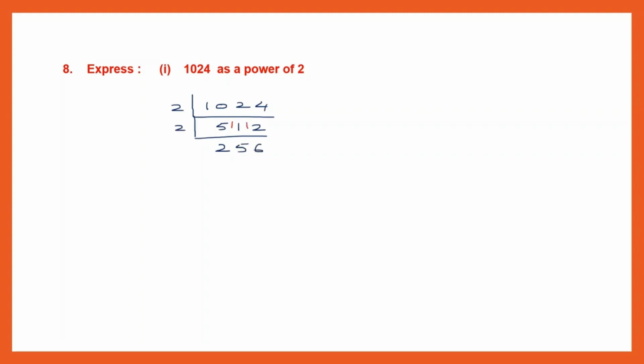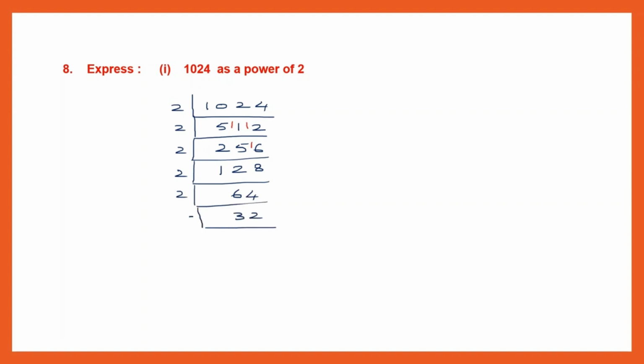2 6s are 12. Now let's continue with 2. 2 1s are 2. Let's take the next number 5. 2 2s are 4. What is left is 1. So that's 16. 2 8s are 16. Now let's continue with 2 again. Let's take 12. 2 6s are 12. 2 4s are 8. Continue again with 2. 2 3s are 6. 2 2s are 4.